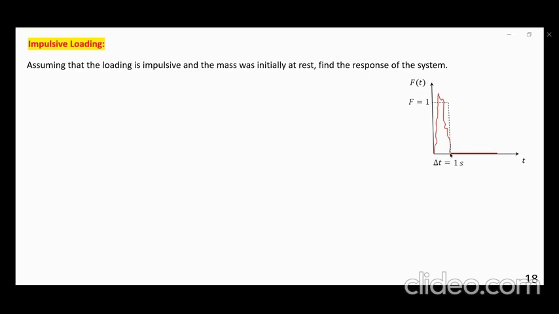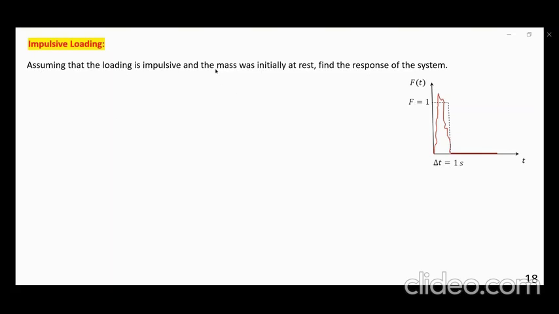Hopefully 1 second is small compared to the natural period. These are all just dummy numbers. You have to be very careful. I'm just putting these numbers here for convenience because they're easy to work with. Just be careful.